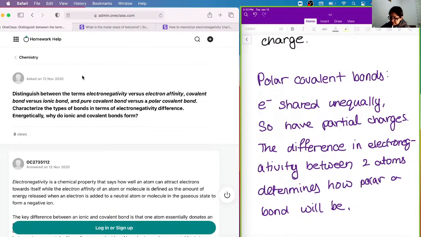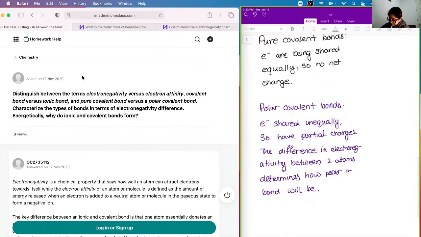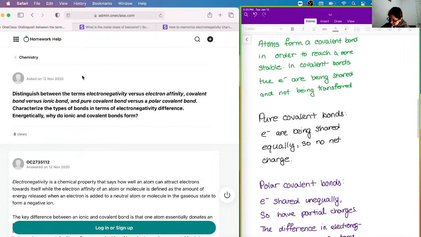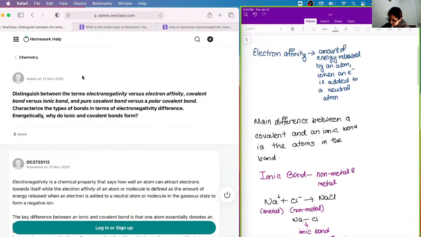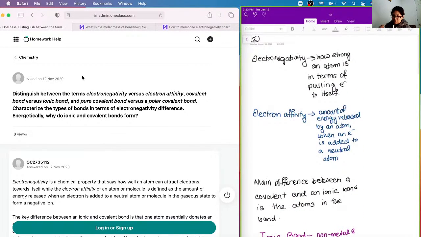And so basically, this is the key difference between polar covalent bonds and pure covalent bonds. Okay. And also the same thing for covalent and ionic, and also electron affinity and electronegativity.